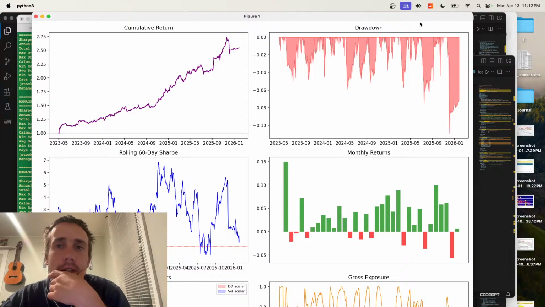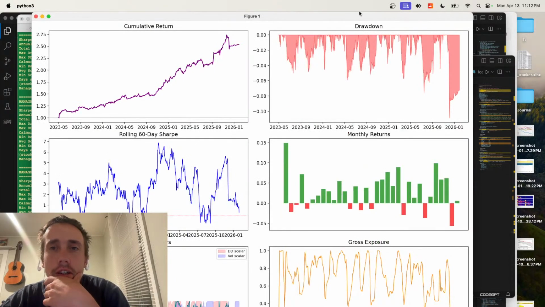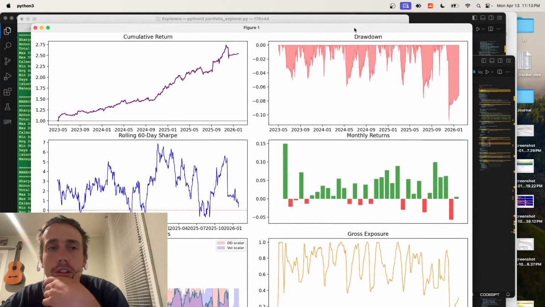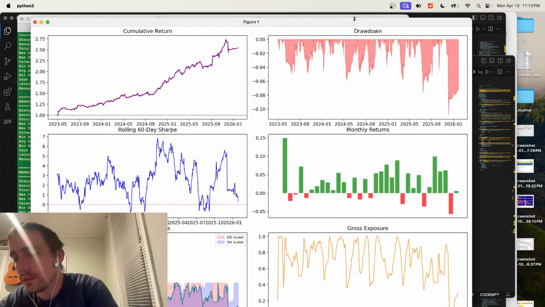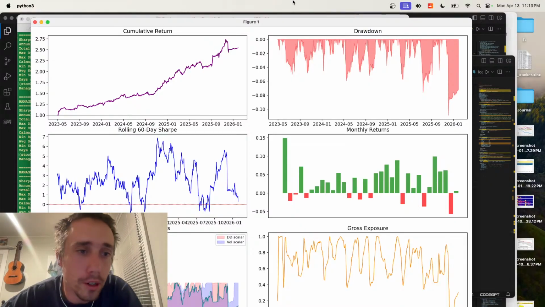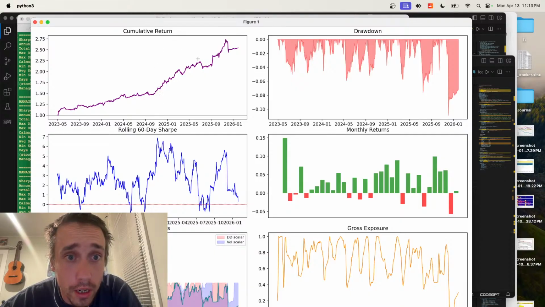What else is going on? My intuition here is that the fact that the gross exposure is fluctuating so much is a good thing, but I'm not really sure of that. And you also see this as market neutral. So in 2025, the tariff crash happened.